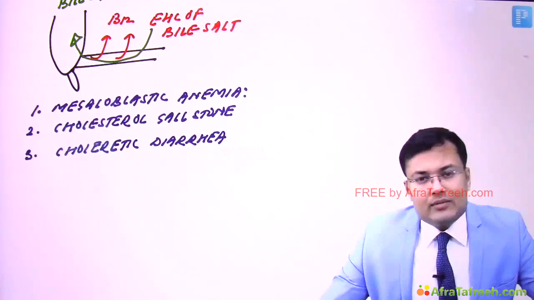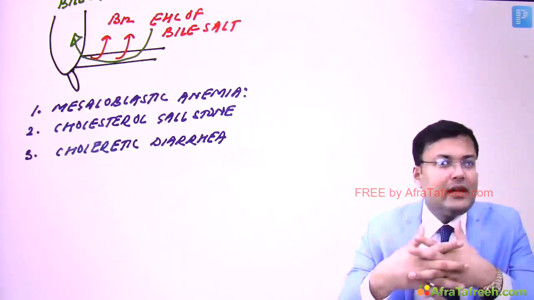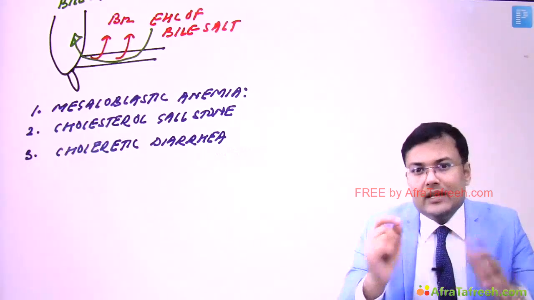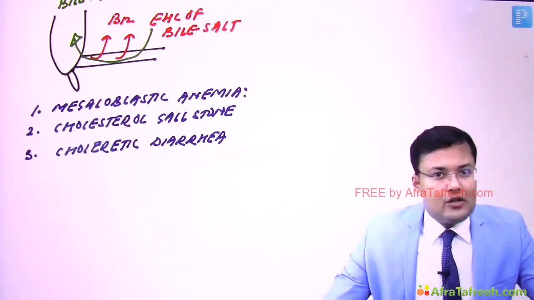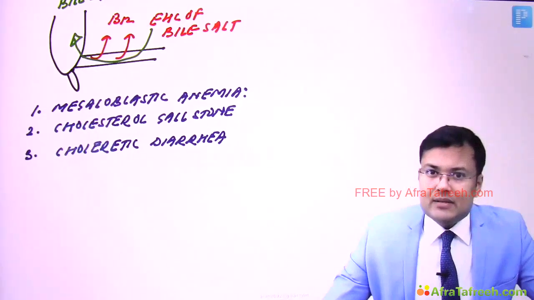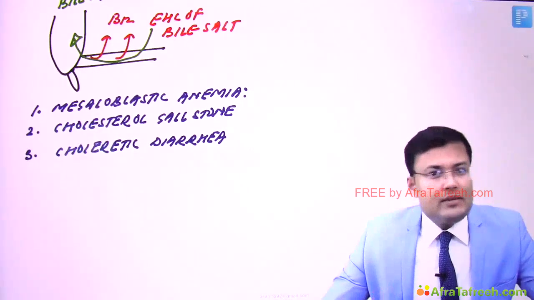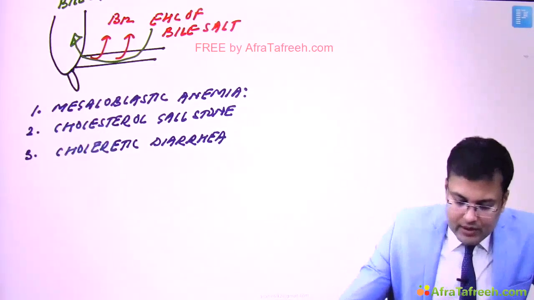If it is not absorbed, it stays in the lumen, and free fatty acid will bind with calcium. Which calcium? The calcium which was there for the oxalate. Now oxalate is free, and these free oxalates are going to be absorbed in the colon, leading to oxalate renal stones.